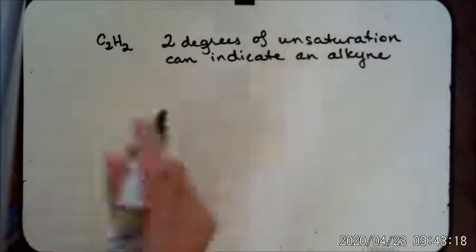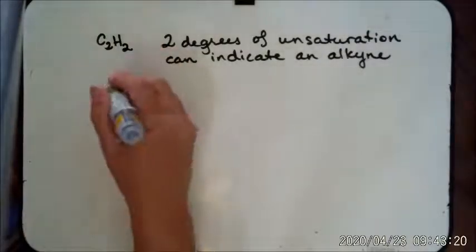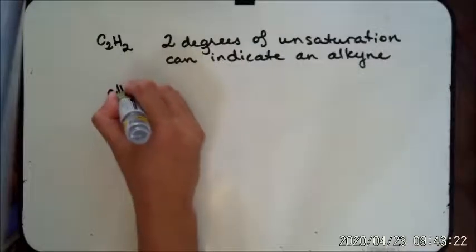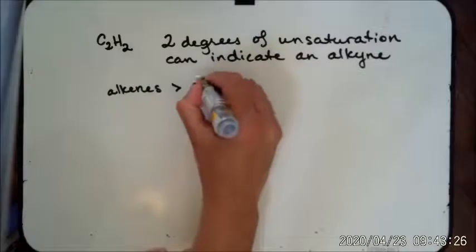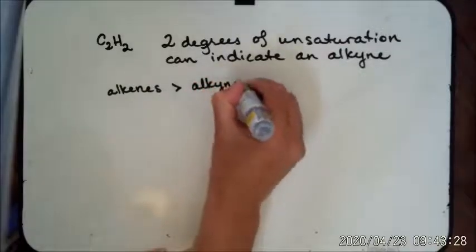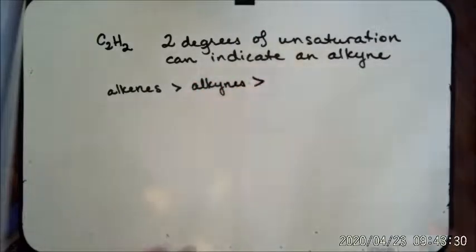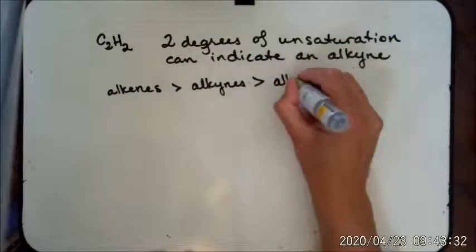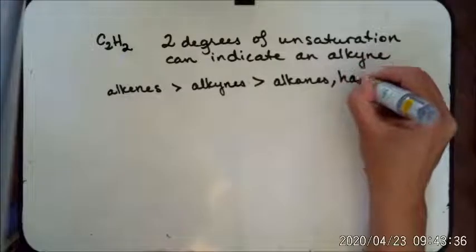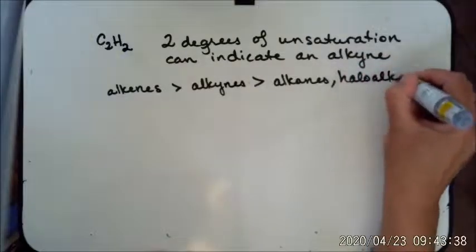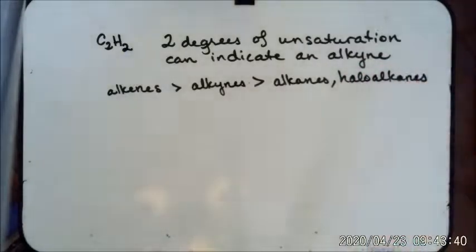the other thing you want to bear in mind is when we name it, alkenes have higher priority than alkynes, which have higher priority than alkanes, okay, and haloalkanes. Alright, so let's go through and give you some names.